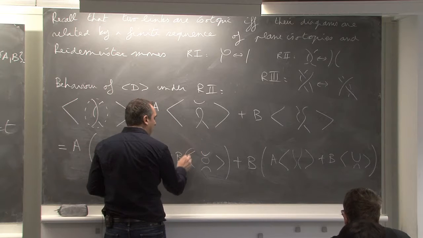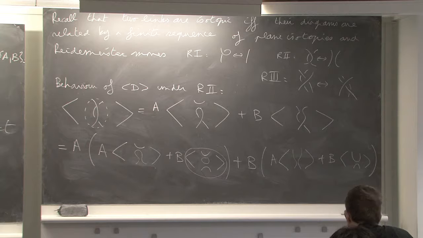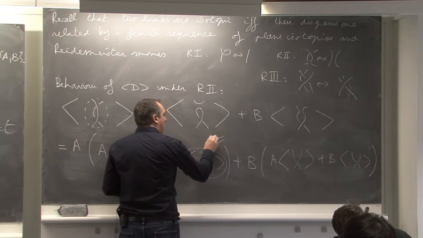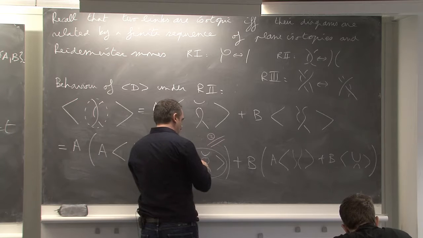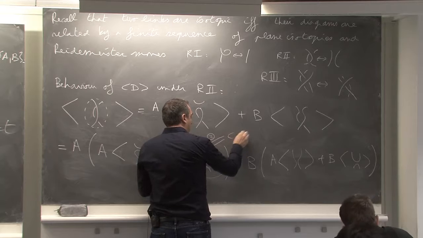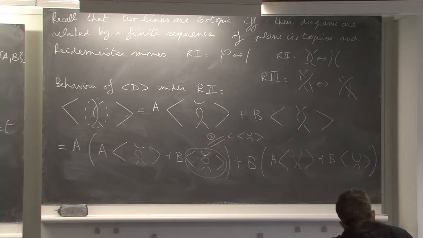So this, by the property 2, is equal to C times this.